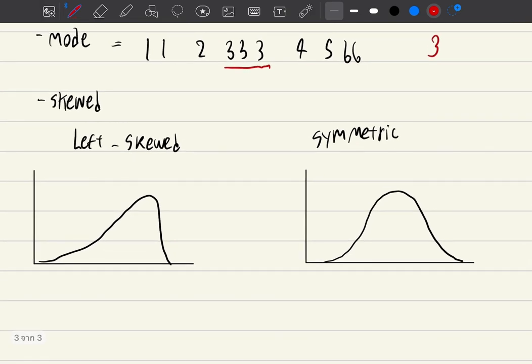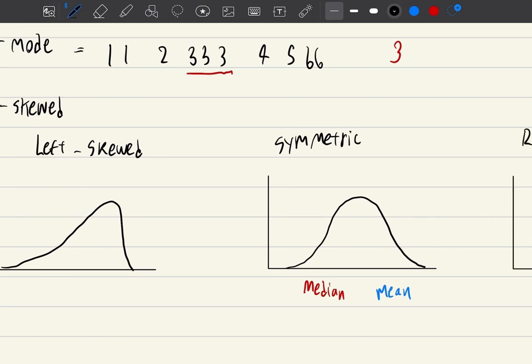The last part is skewness. Skewness is just the shape of the curve that describes how the data are distributed. I'll write the median in red and the mean in blue.